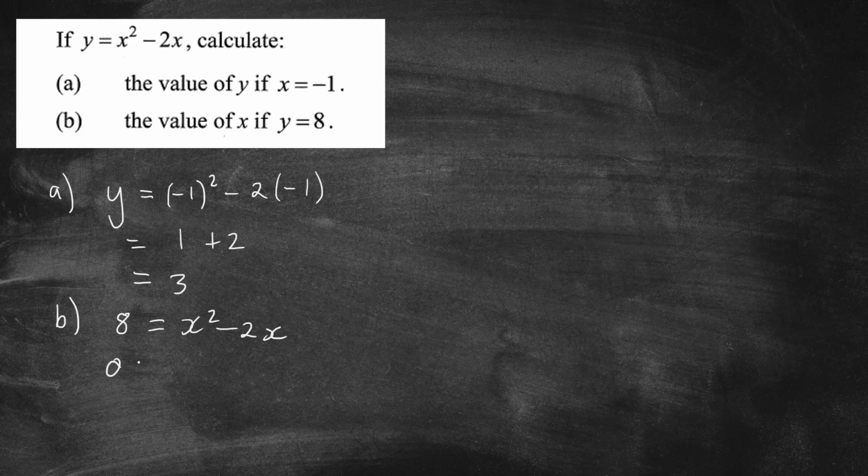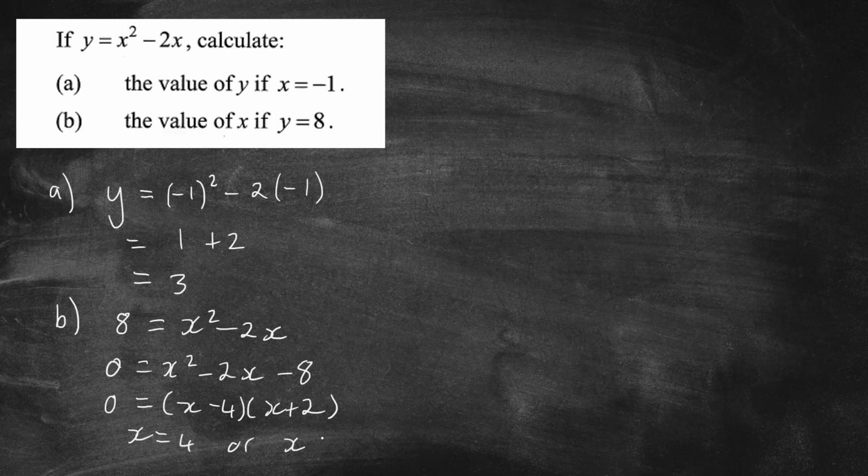Taking the 8 to the other side will then be x squared minus 2x minus 8. Now solving for this quadratic equation, starting by factorizing it, we've got x minus 4, x plus 2, and then x is equal to 4 or x is equal to minus 2. Okay, and then that's done.